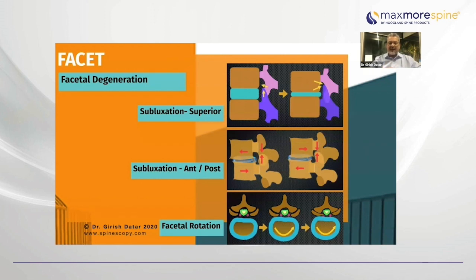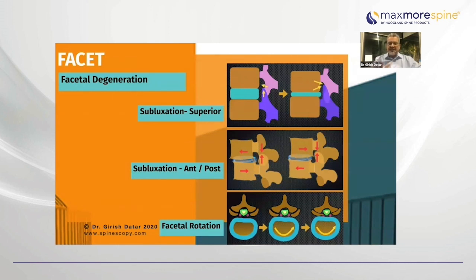So when you have opposite movements in the superior and the inferior vertebrae, you have what is called a rotational element, where the superior articular process comes into the canal and traps the traversing root, which contributes to the whole symptomatology.